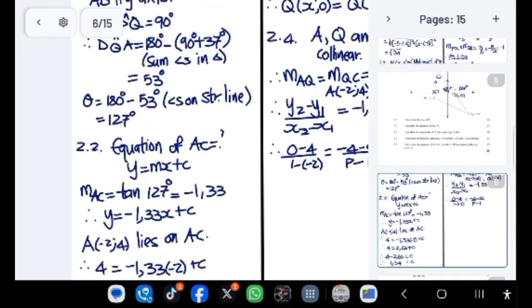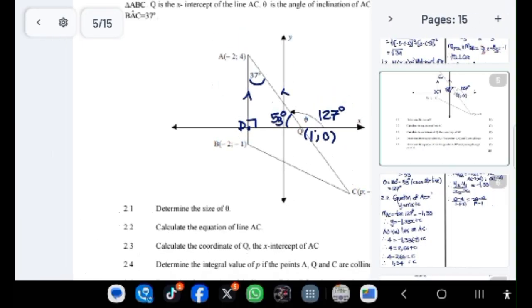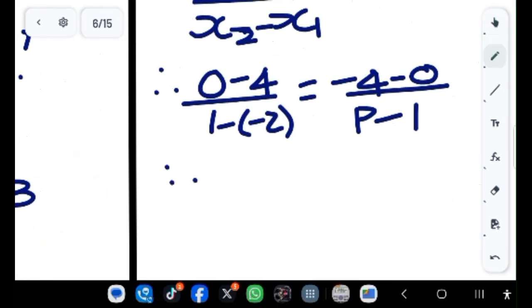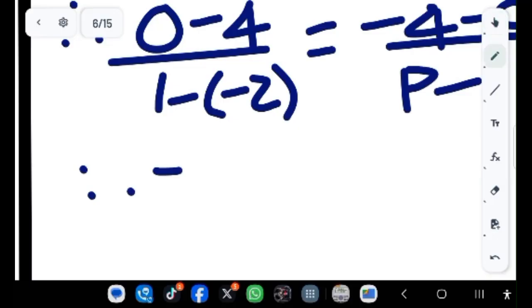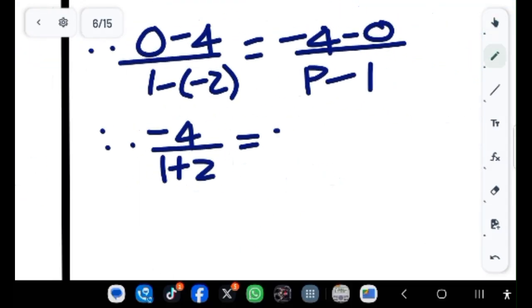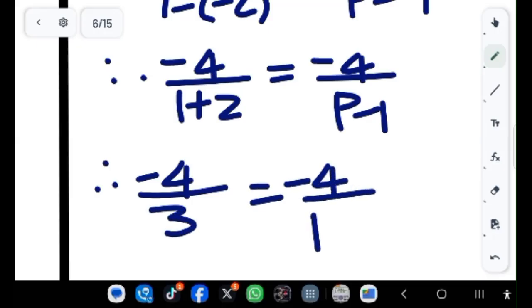Let's see, just to be sure. Yes, QC, P minus 1. And that gives us negative 4 over 1 plus 2 equals negative 4 over P minus 1, which is negative 4 over 3 equals negative 4 over P minus 1.